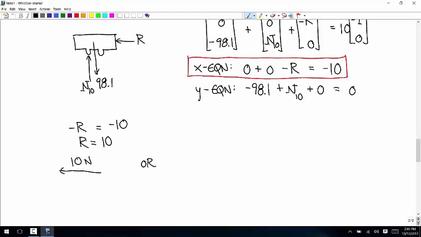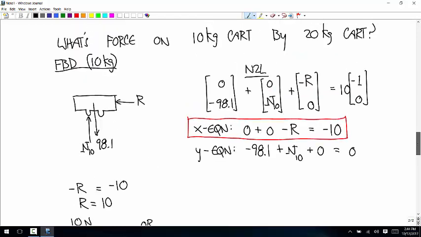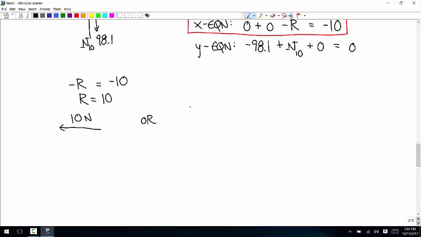Or you can also take that variable value, plug it into the components of the force vector that we know, take 10, plug it into this, and you get a force vector of, this time, negative 10, 0 newtons.